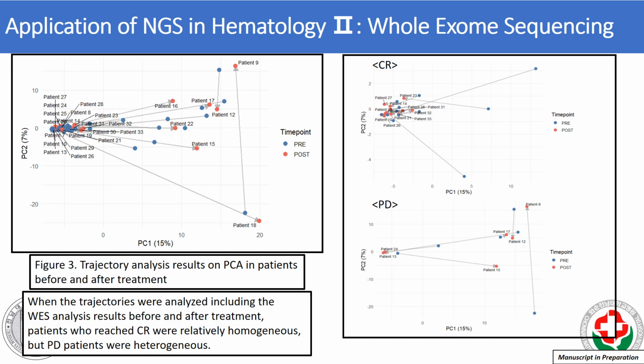This trend is also observed in trajectory analysis. In patients with CR, the PCA points moved into a more compact region, but in patients who developed progressive disease, the trajectories were more complicated and randomly distributed in PCA.